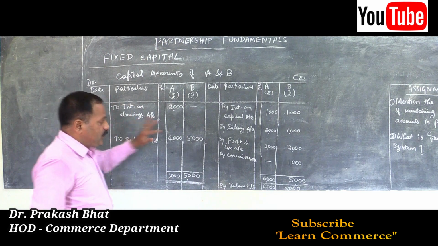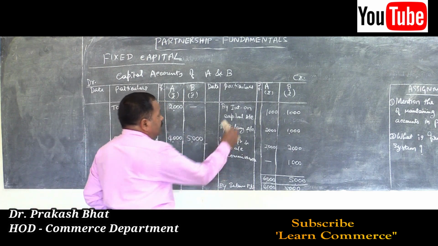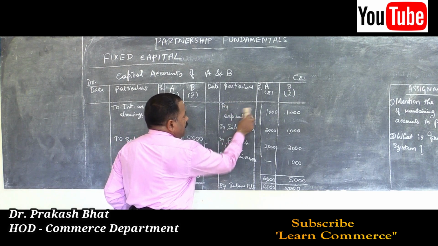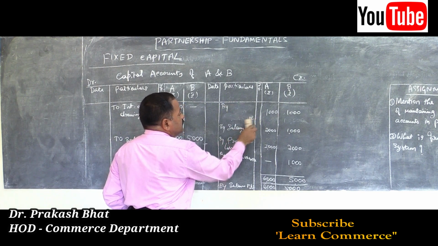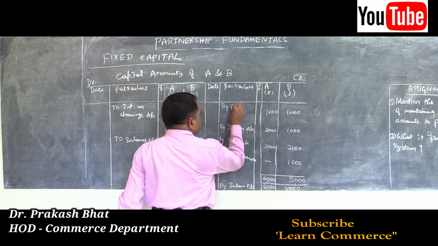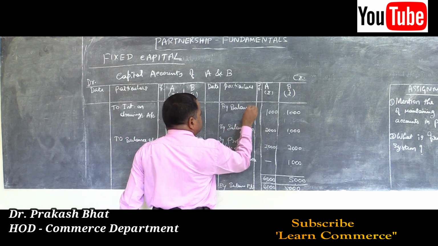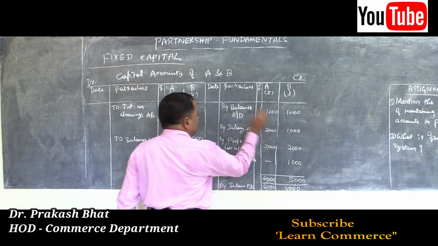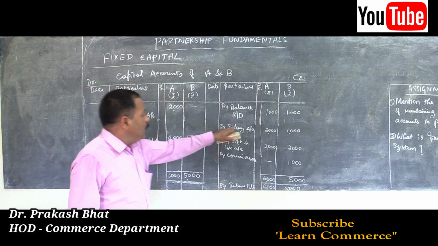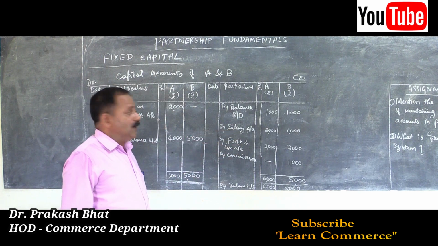And let us start. Here you will see the difference. The only difference is that here the first entry will be by balance brought down, that is, the capital balance. Remember, balance brought down, because you will record the capital balance in the capital account itself and all the additional entries also in the capital account itself.